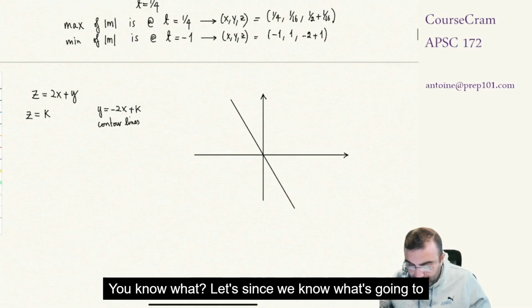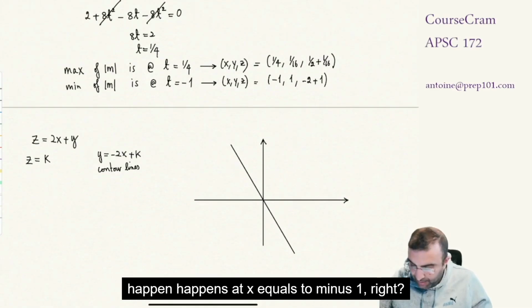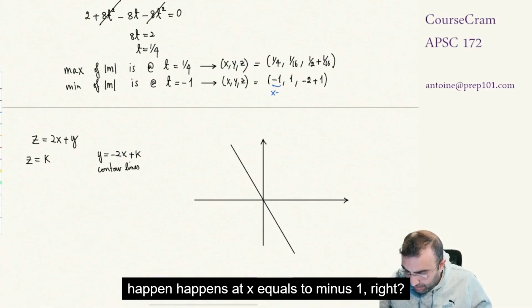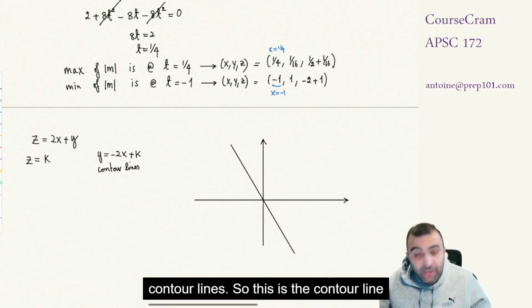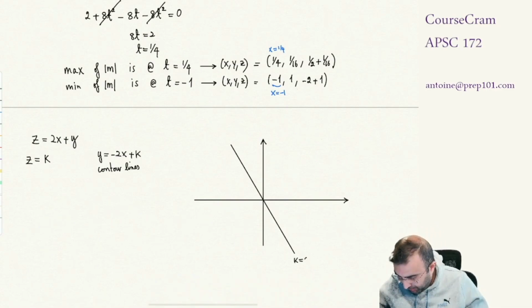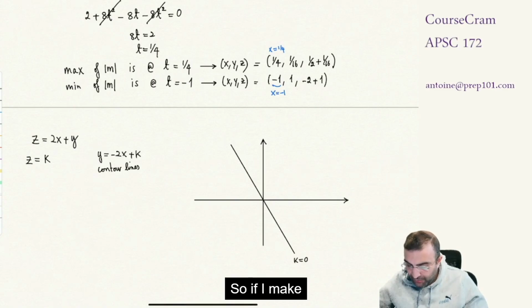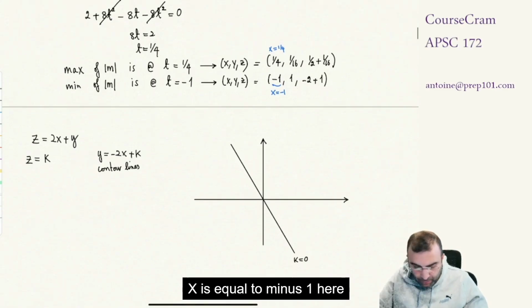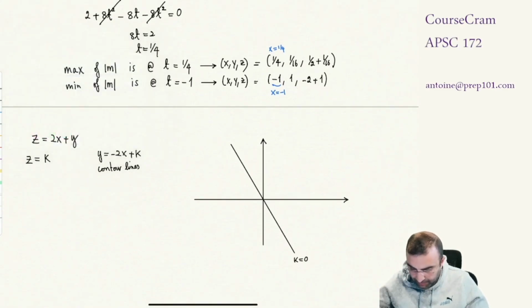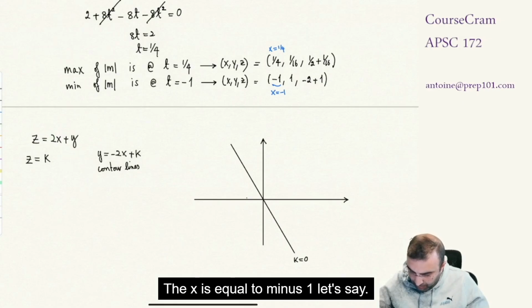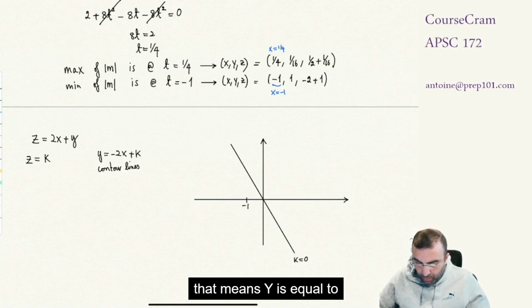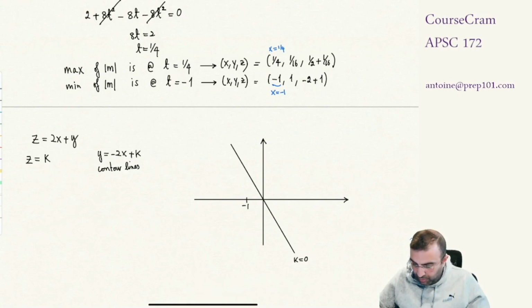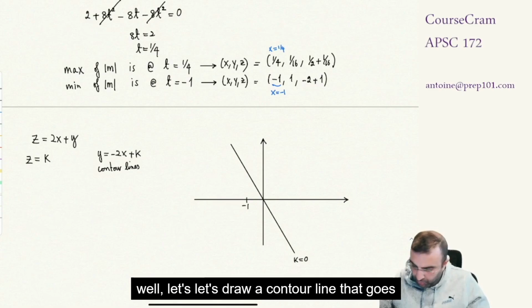You know what? Since we know what's going to happen at x equals minus 1, right, and x equals 1 over 4, let's draw those contour lines. So this is the contour line where k is equal to 0. So if I make x equal to minus 1 here, let's draw a contour line that goes through that.